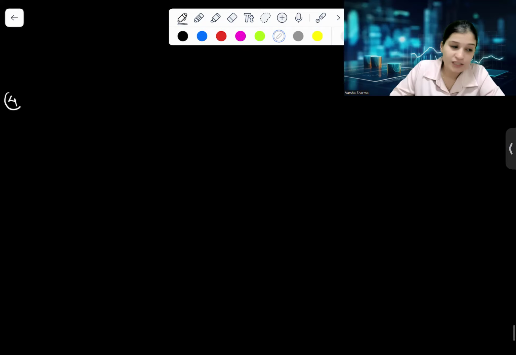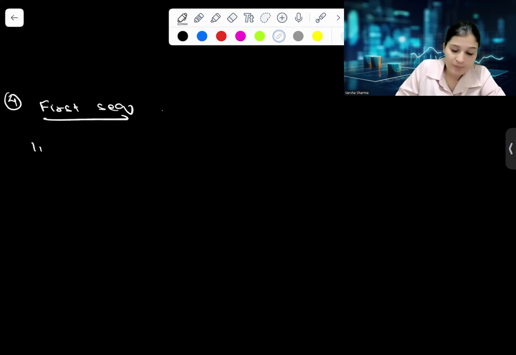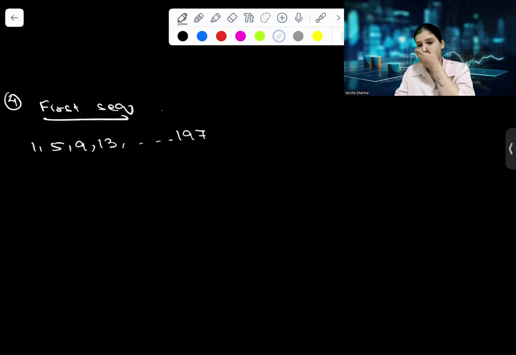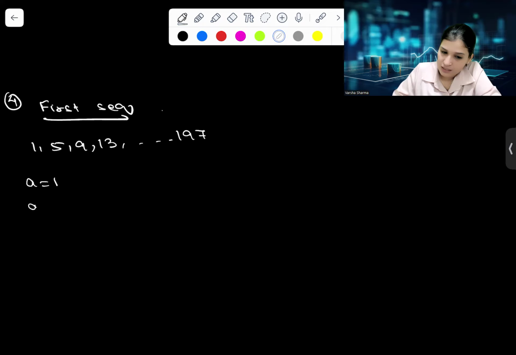In question number 4, let's do it together. In the first sequence, can you tell me how many terms are here? Find out number of terms. A1, common difference 5 minus 1, 4.